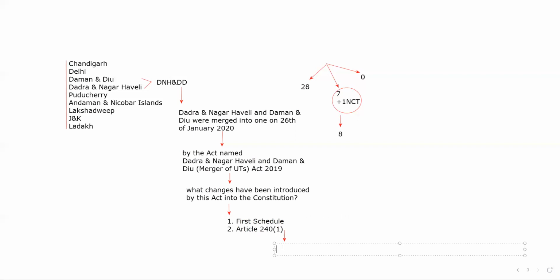It mentions that the President may make regulations for the peace, progress, and good governance of the UTs. Which UTs do they talk about?